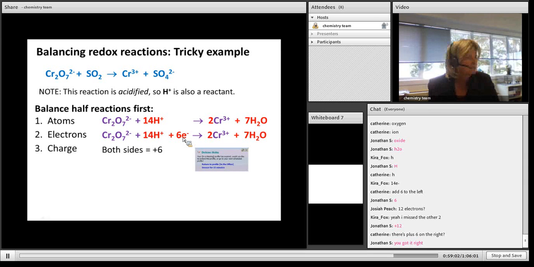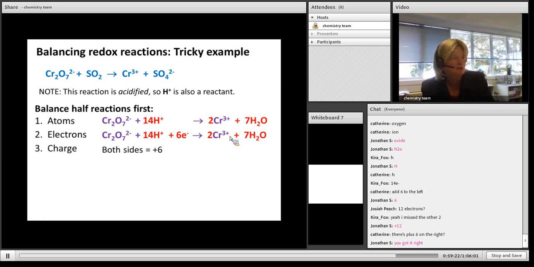So, right, that is correct. This charge has to equal that, and that, of course, is plus 6. So 2 negatives, 14 positives must be equal to plus 6. Catherine, well done for being onto it. Jonathan, well done for being onto it. I'll just say it again in case I've confused the others.